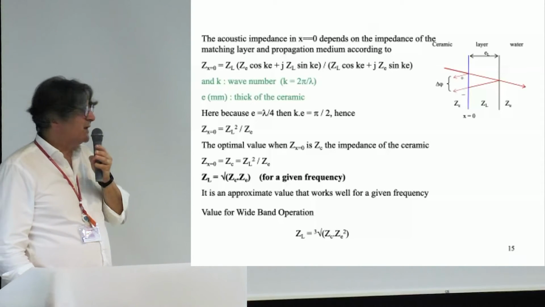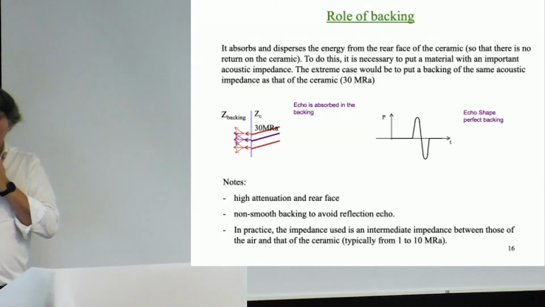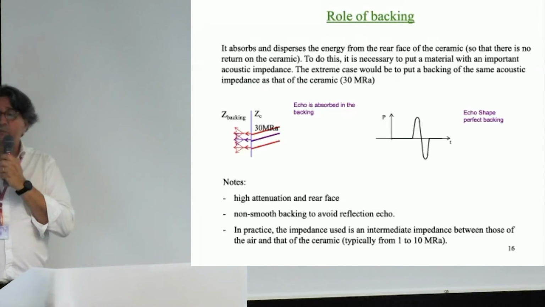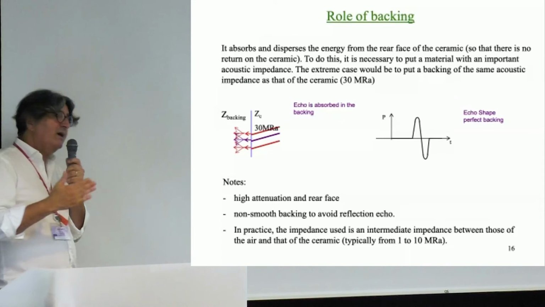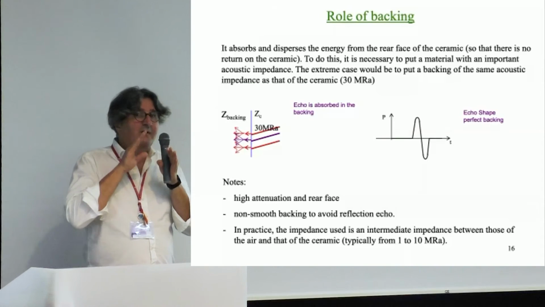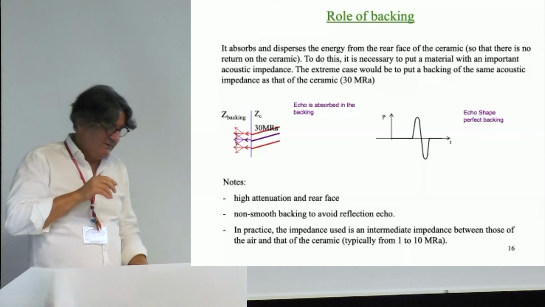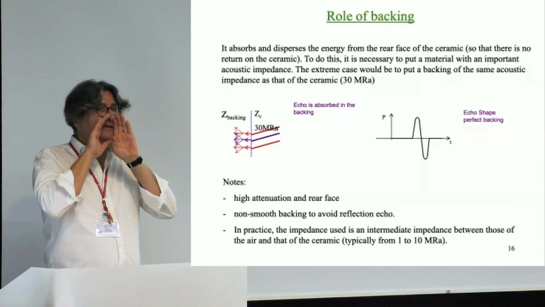Now, let us look at the backing material. The backing material has to absorb and disperse the energy from the rear face of the ceramic. Yesterday I explained how to create an impedance matching like this.